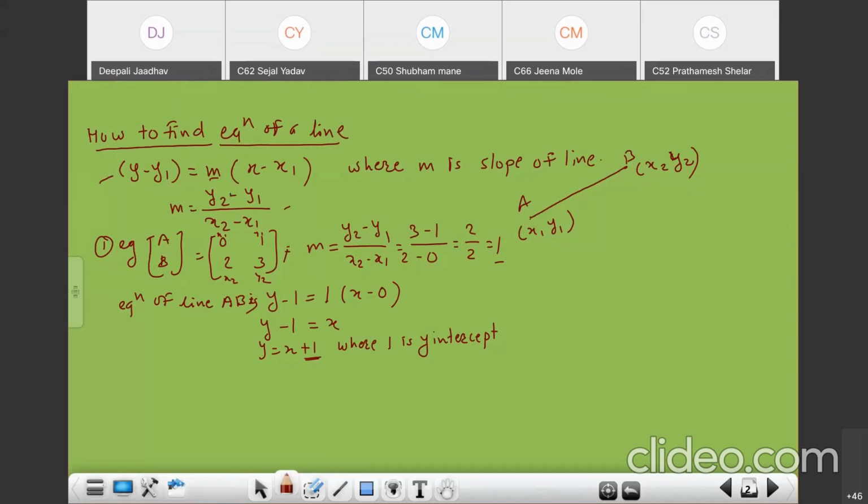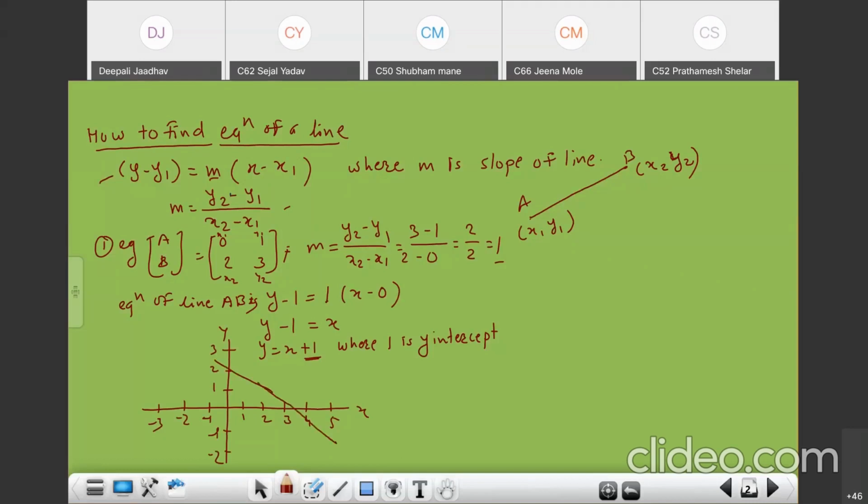Now let us see what the y-intercept and x-intercept are. I think most of you know what they are, but again I am explaining it in a simple way. Suppose this is the x axis and this is the y axis, and suppose there is a line like this.